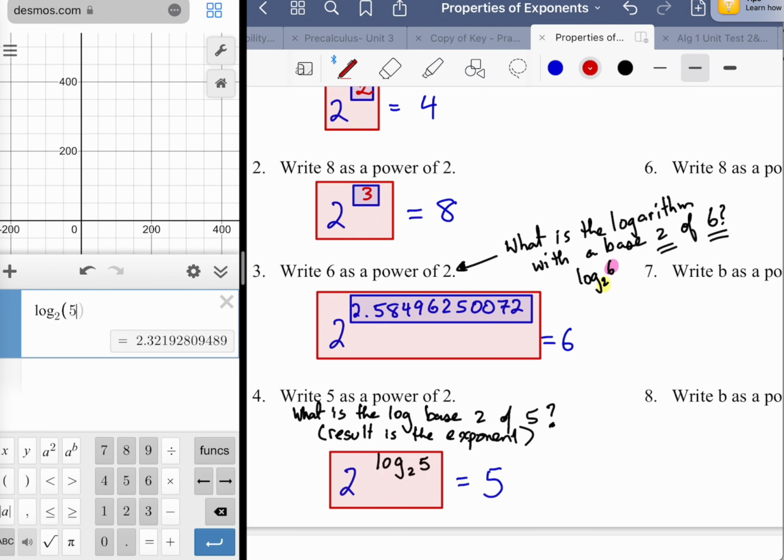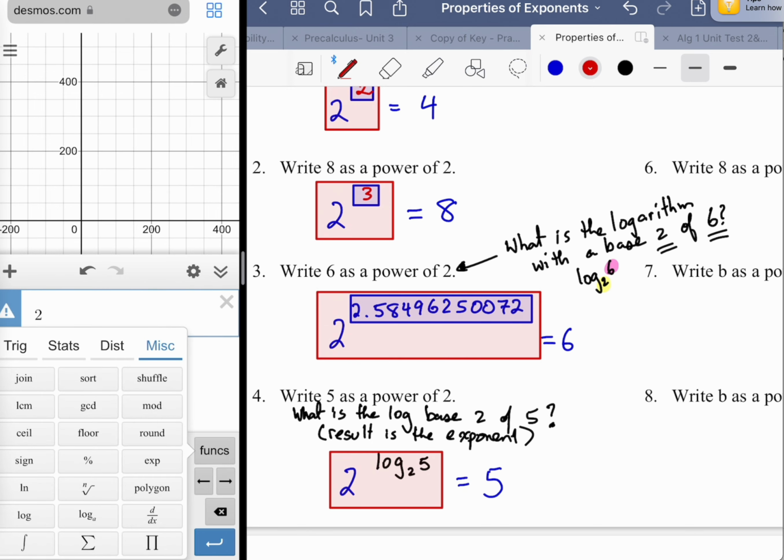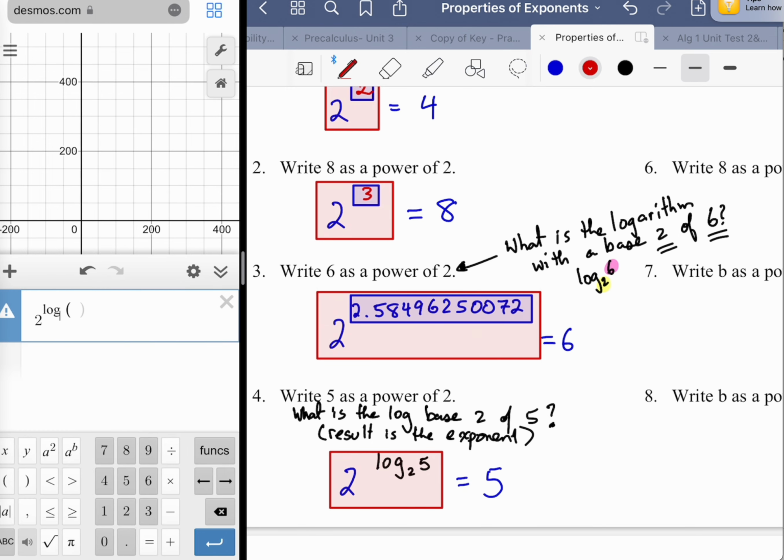I'm not buying that. So what you would do in Desmos is put in 2, raise it to the power of log base 2 of 5. And you'll see it results in the value of 5.